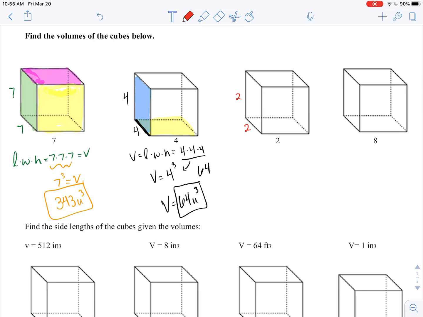Well, as we saw earlier, these are all the same because these are all squares. Now my volume is length times width times height. And again, our shortcut here, we can just take whatever that side length is and cube it. So 2 cubed, so my volume is 8. So 2 times 2 is 4, times 2 is 8.